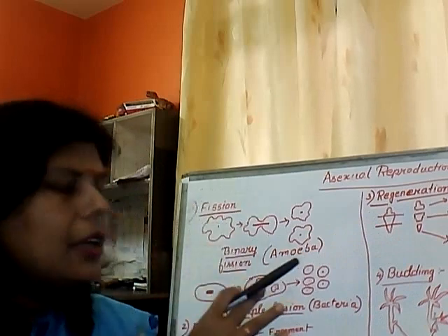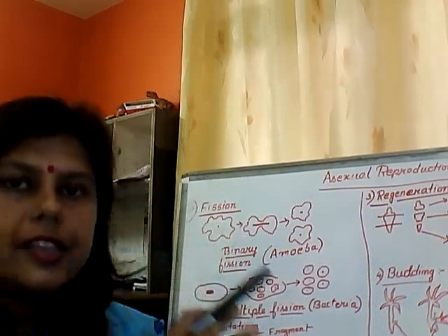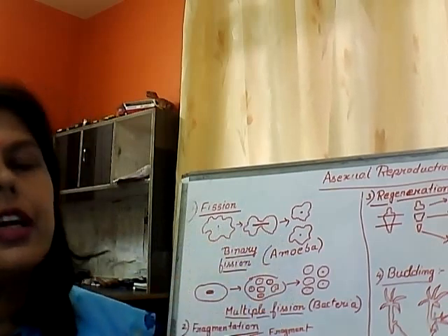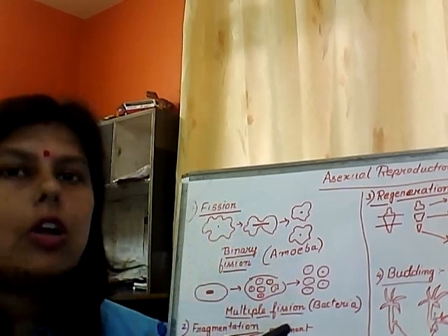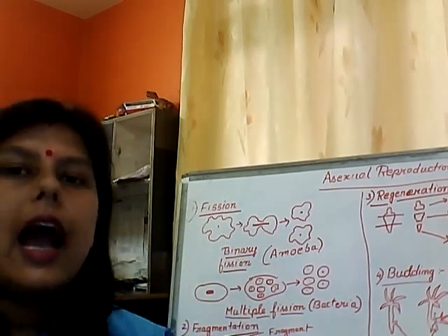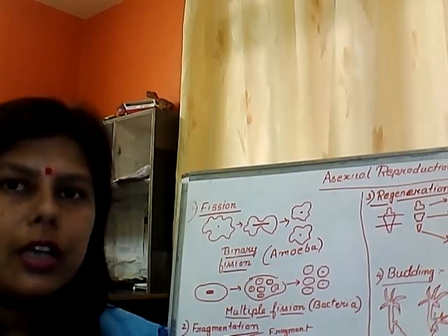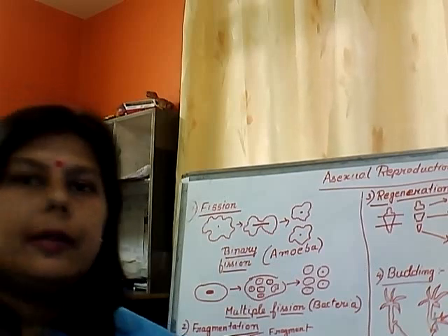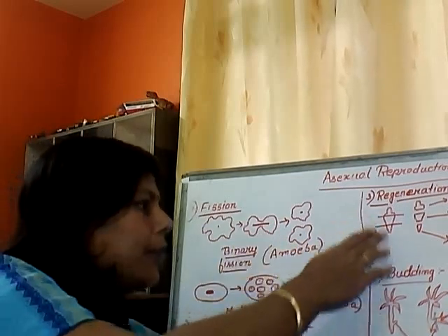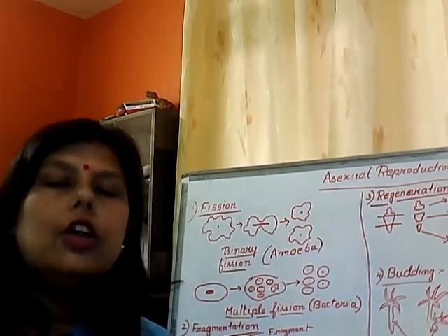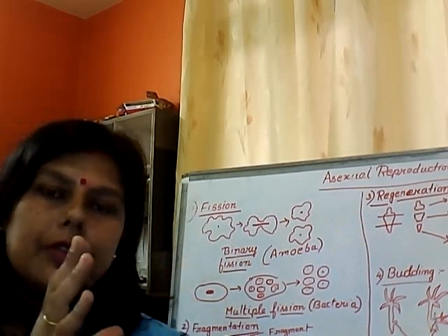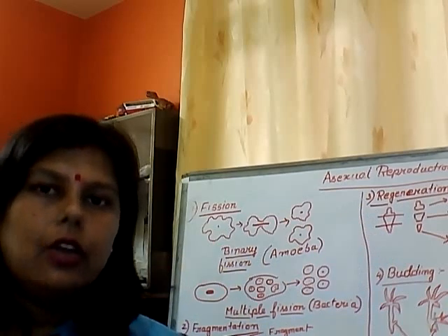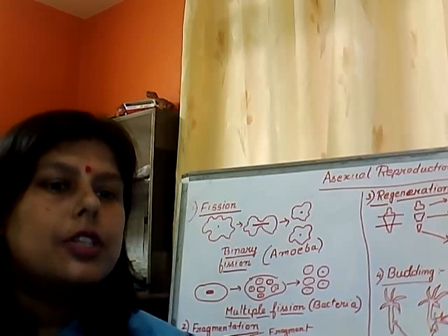Now in this part you have to know all examples of each of these types. Besides this, you even have to practice the diagrams. Sometimes they usually ask questions based on diagrams. So we have studied DNA copying, the significance of variation, then the 4 different types of asexual reproduction which take place in simple organisms. Besides this, a few more processes are there which gradually we are going to study.